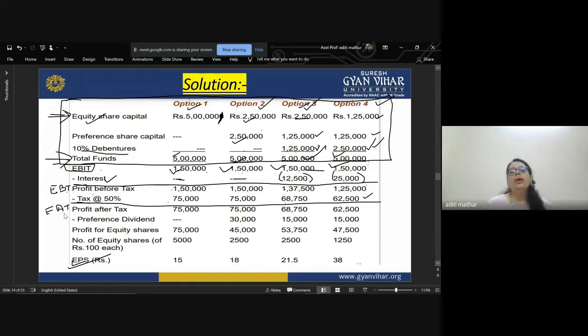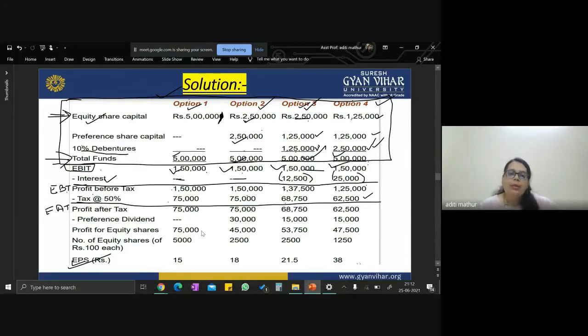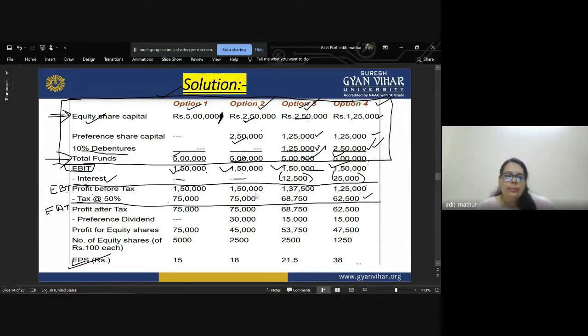That means till this point you have paid the interest, you have satisfied the government by paying the tax. So now this amount is of the company, which is earning after tax. And from this, the preference shareholders will get preference when the dividend is distributed. So in the first option, there is no preference share capital. In the second, third, and fourth, we have the preference share capitals. So you pay the amount to the preference shareholders.